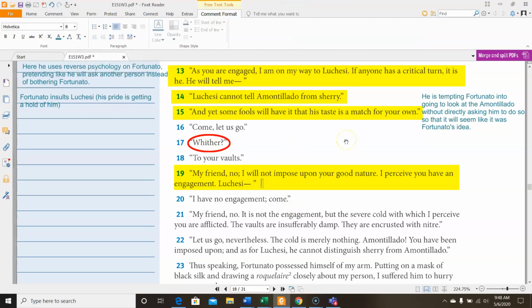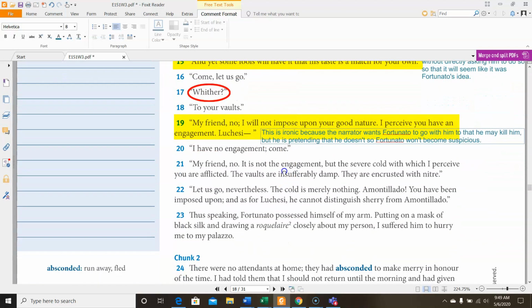But he's pretending like he doesn't. Probably so Fortunato won't become suspicious.